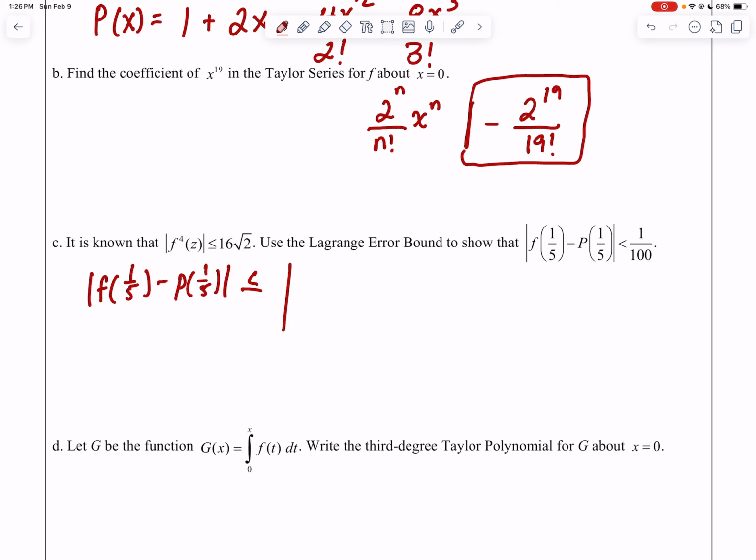In this case, they already gave it to me, 16 root 2. And then we're going to multiply by, in this case, 1/5. It's centered at 0, so we just have 1/5. And then the power is going to be 4 over 4 factorial. Now we just have to prove and justify that that is definitely less than 1 over 100.